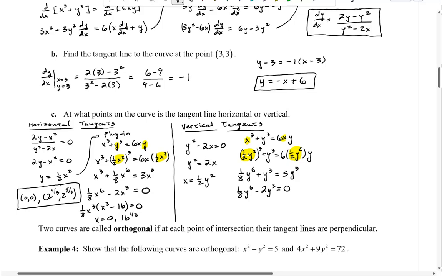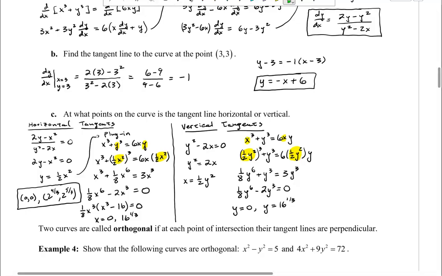So we're probably noticing at this point that we're getting the exact same equation, but our x's and y's are switched. In other words, compare what you have here with what we had here. So solving this is going to give us the same results, except y will be 0 and y will be 16 to the 1/3 power.